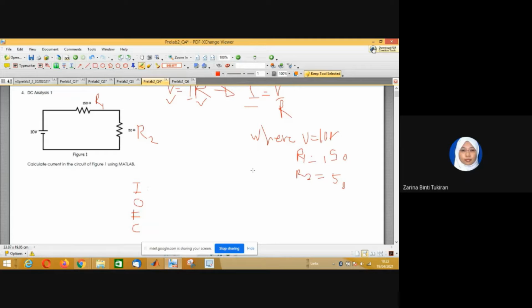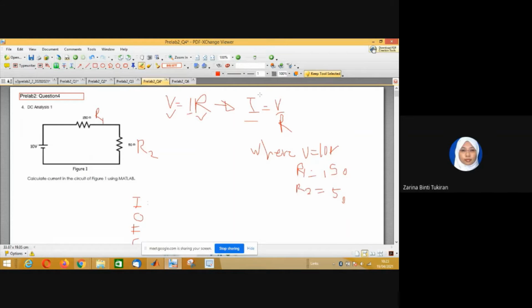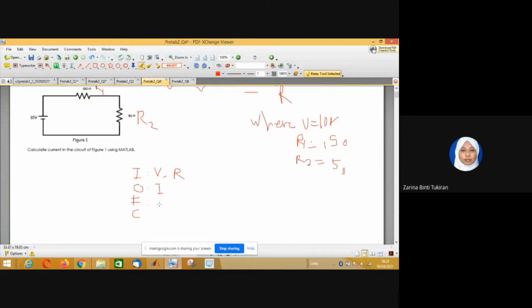In this case, to calculate I, I need the input value of V and also the input of R. The output of the program is I, which is the current. The formula to get I is I equals V over R.